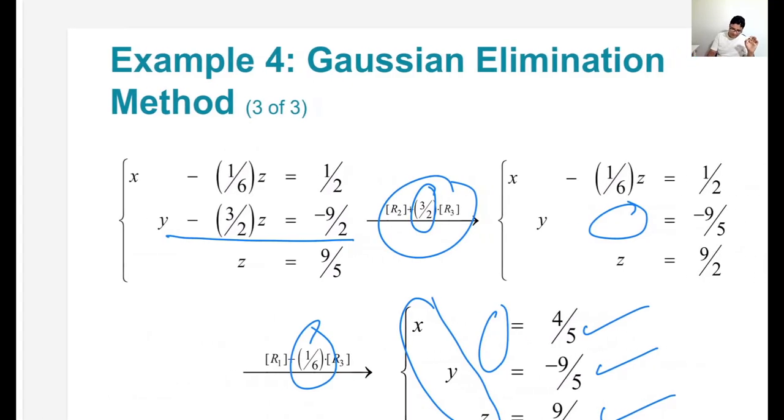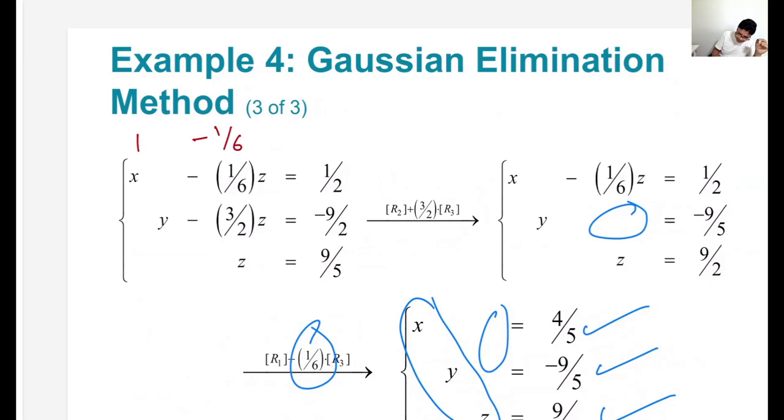I will show and illustrate this with an example. For example, the first row here would be 1, negative 1 over 6. There is 0 in between, there is 0y. And I will draw a vertical line here to indicate the equality. Okay. And half here.